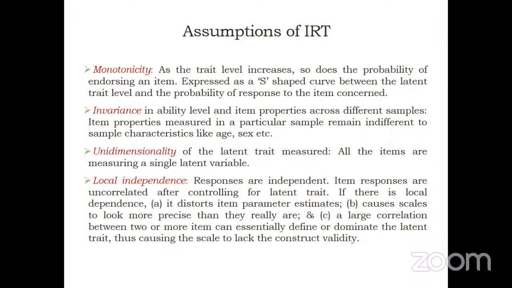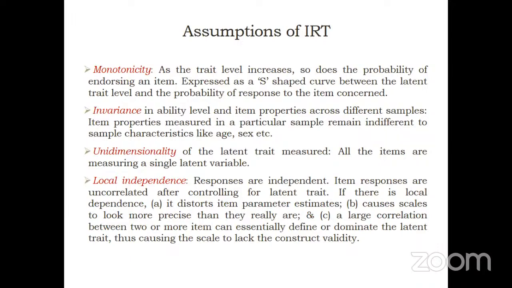The second assumption is invariance, which means invariance in ability level and item properties across different samples. Something that we just discussed: when you are administering all these items to different groups of people coming from different demographic backgrounds, we do not want any kind of variation in the responses because of their backgrounds.